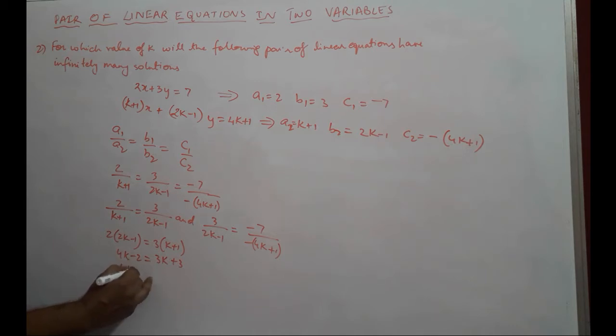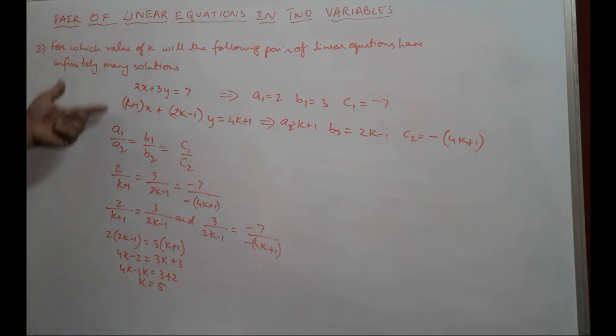So 4k minus 3k, and minus 2 when we take on the right hand side, it becomes positive. 3 plus 2. 4k minus 3k is k, 3 plus 2 is 5. So when k is equal to 5, that is when we get infinitely many solutions for this pair of linear equations.